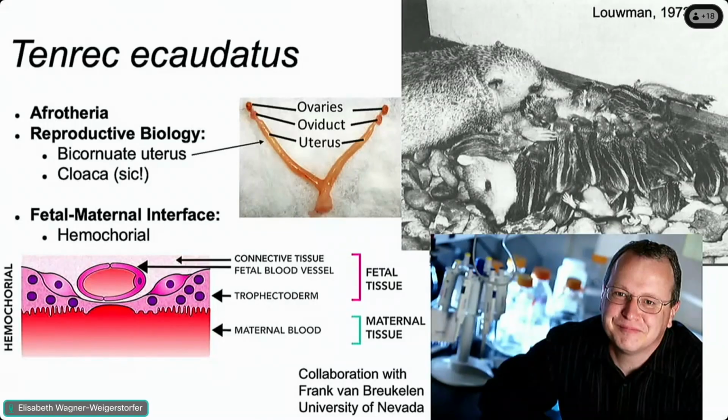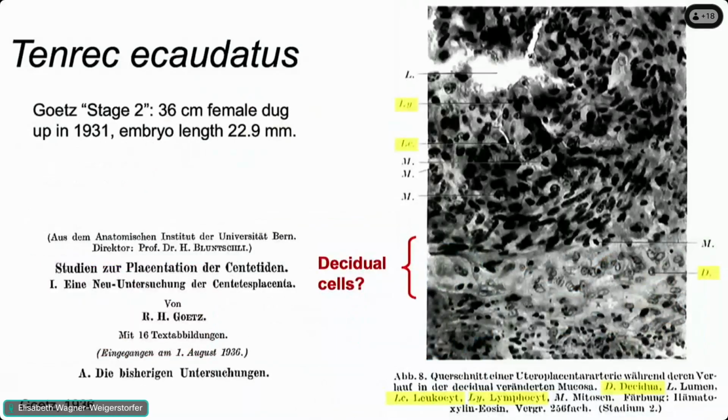And this was possible through a collaboration with Frank van Breukelen at the University of Nevada, who has a breeding colony of Tenrec ecaudatus animals.